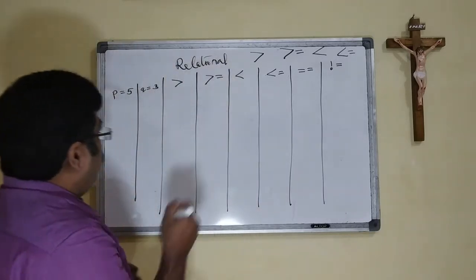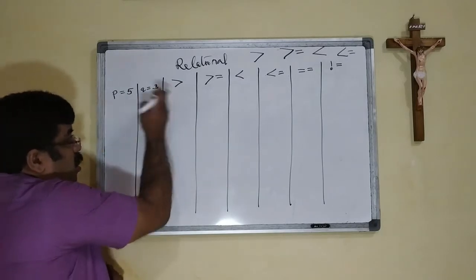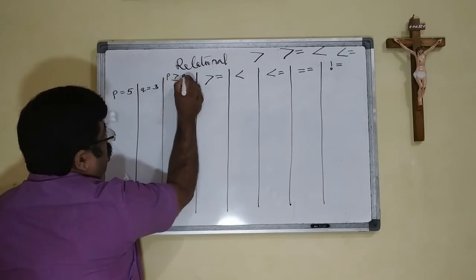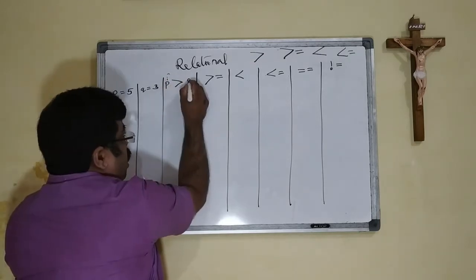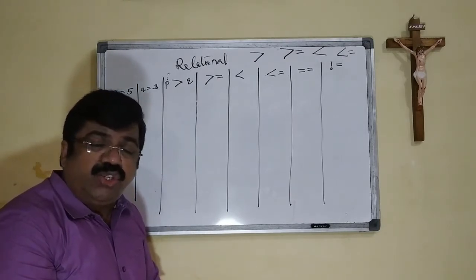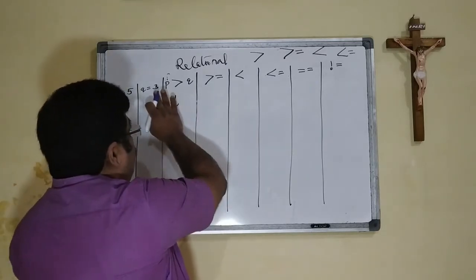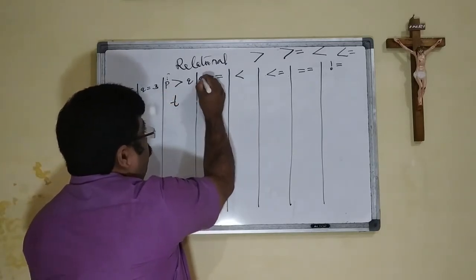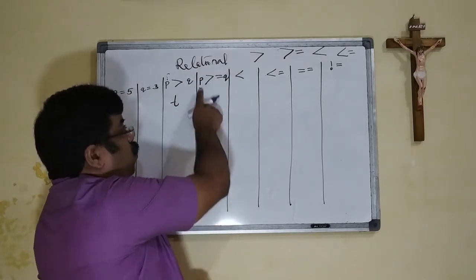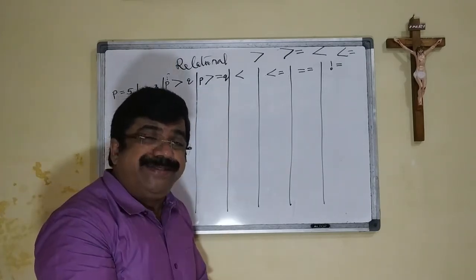Let us see. P is 5 and Q is 3. Let us see the comparison. P greater than Q. Is P greater than Q true or not? 5 greater than 3, is the condition true or not? Yes, it is true. Next, P is greater than or equal to Q. What is the value of P? 5, and Q is 3.